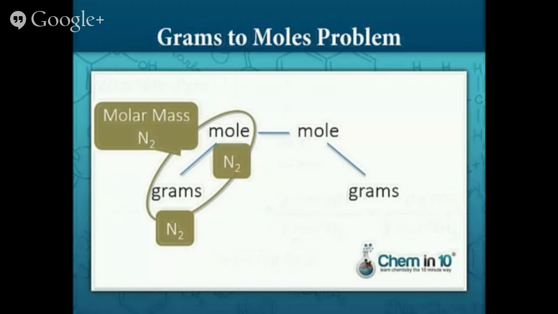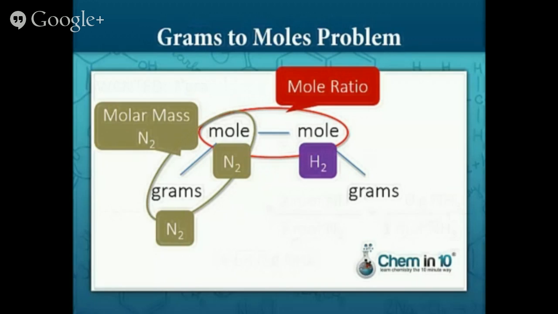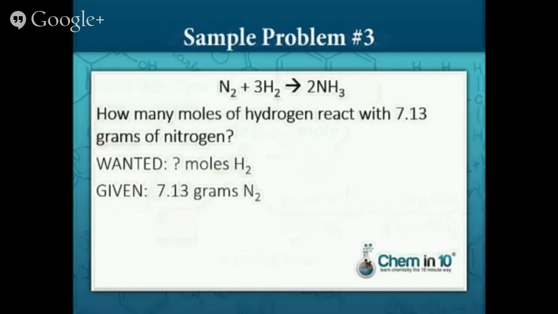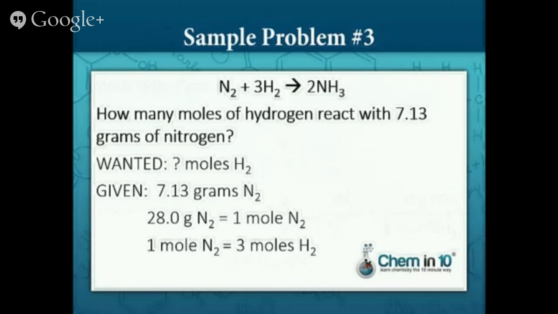Then, once we convert grams to moles of nitrogen, we need to convert that to moles of hydrogen, in which case we're going to need the molar ratio. How many moles of hydrogen come from X number of moles of nitrogen? So let's get started. We know the molar mass of nitrogen gas is 28.0 grams per mole, and we know that 1 mole of nitrogen makes 3 moles of hydrogen.